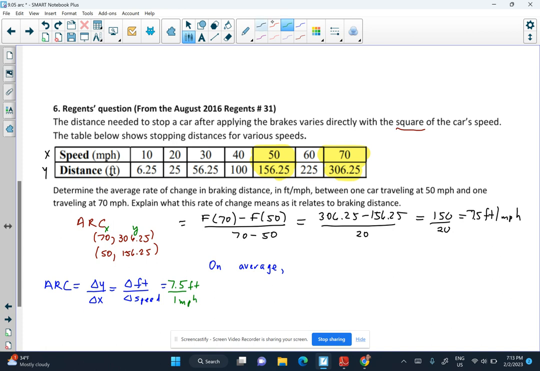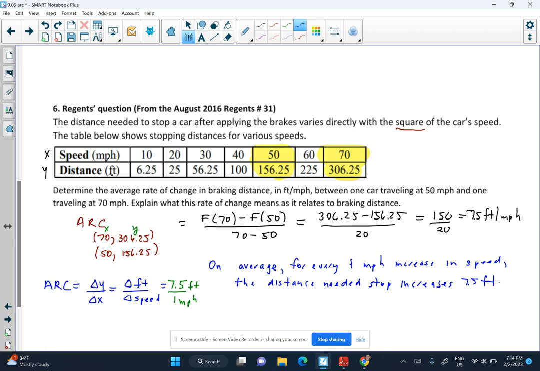So on average, for every 1 mile per hour increase in speed, the distance needed to brake, or needed to stop, increases 7.5 feet. And that's a way of interpreting it.